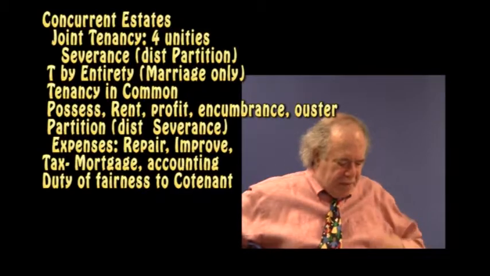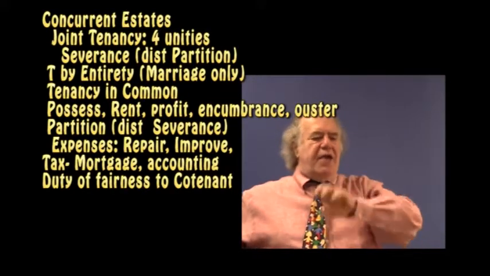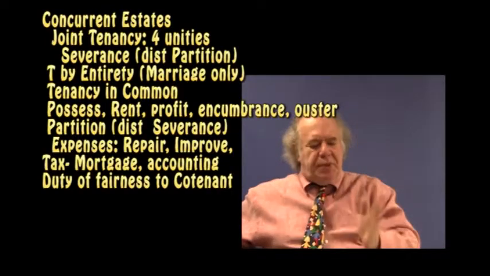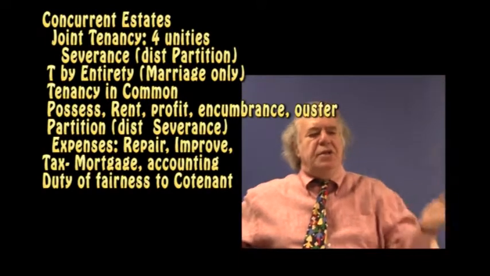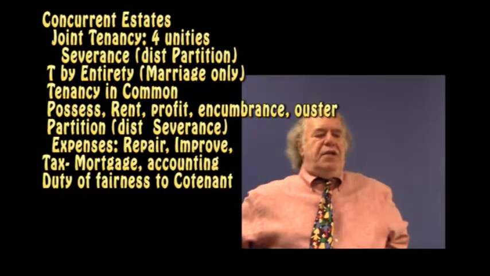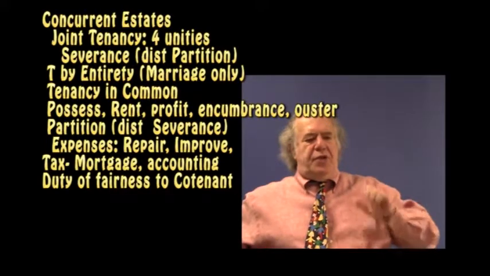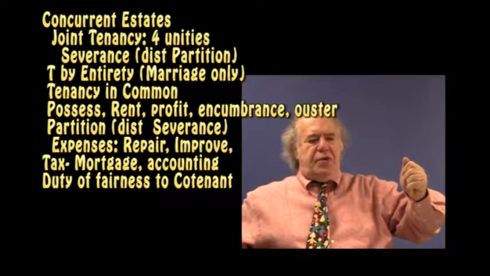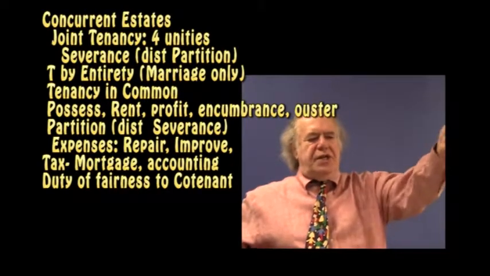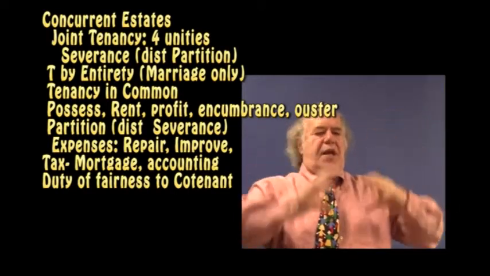That's a severance. But let me compare it to partition. Partition is when we actually have co-tenancy and we split the physical land into, let's say, two parts if they're two joint or co-tenants. The two of them transfer to each other. I transfer my interest in the north 10 acres to you by a deed. You transfer in a different deed your interest in the south 10 acres to me. Now you own the north 10, I own the south 10.